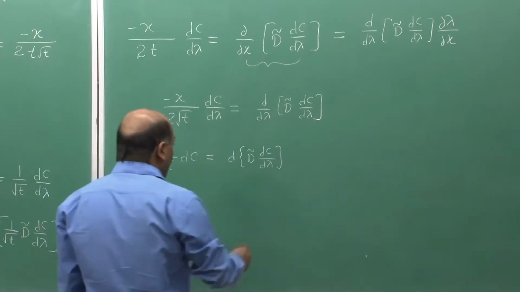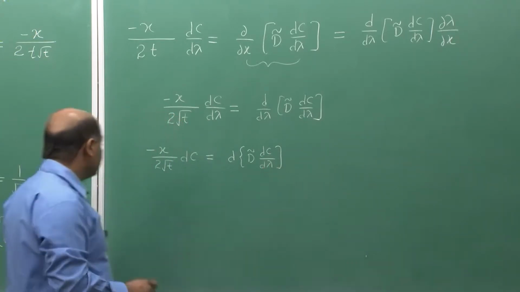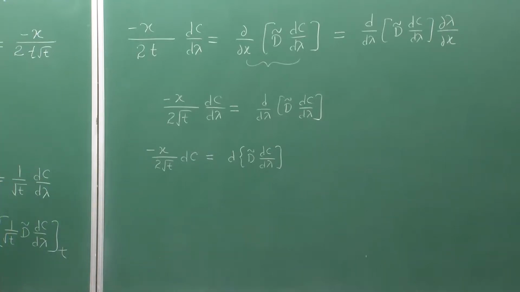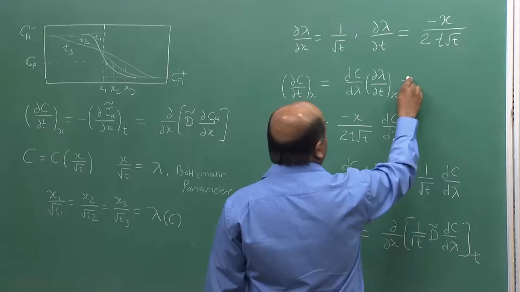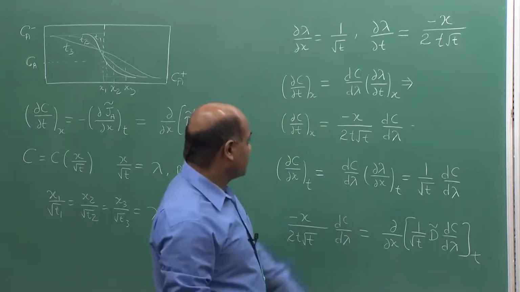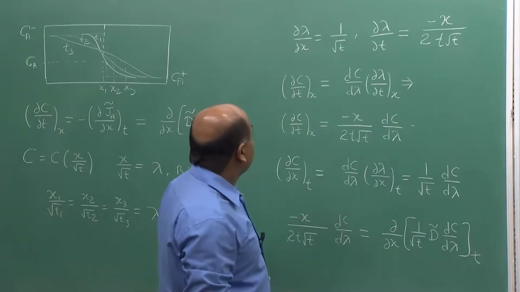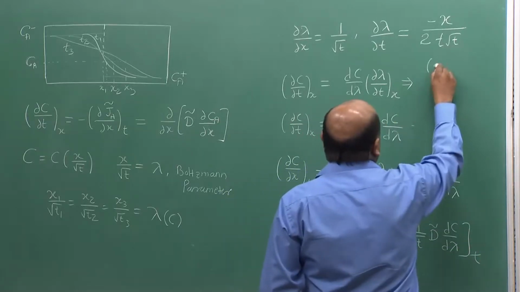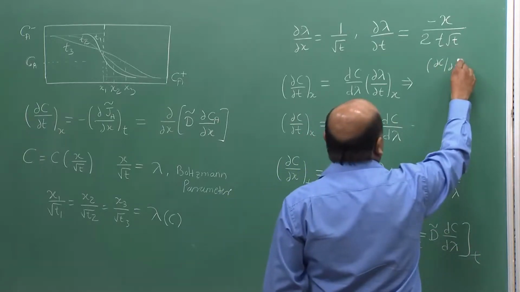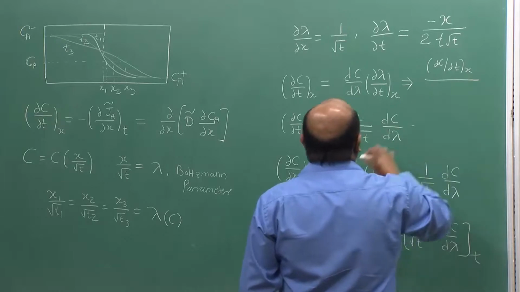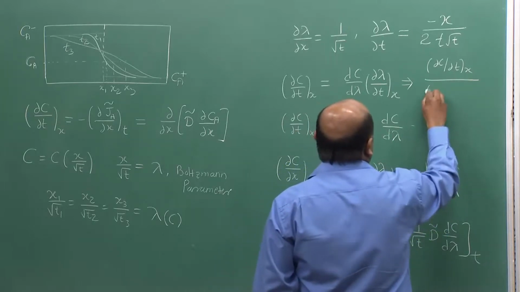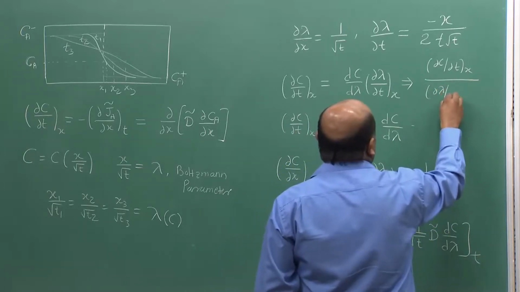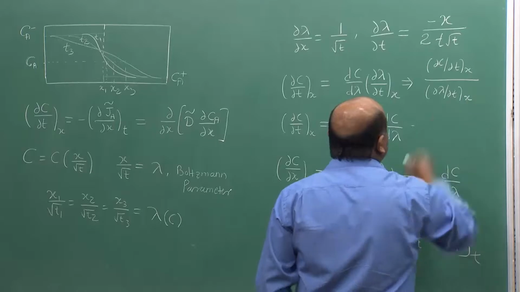Now, if we substitute back for dC/dλ, we get from here dC/dλ is equal to ∂C/∂t at x divided by ∂λ/∂t at x.